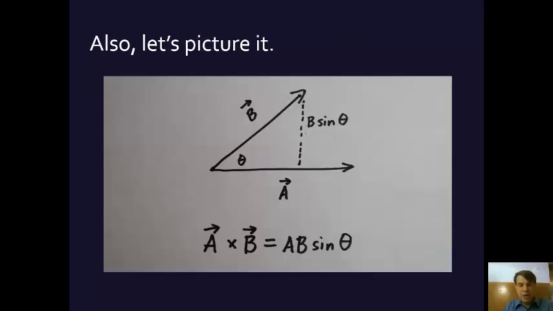Secondly, how do you picture it? If we're doing the cross product of vector A cross B, then instead of the cosine of theta, where theta is the angle between them, it's going to be A times B times the sine of theta, the perpendicular part of B to A. Again, this just works.